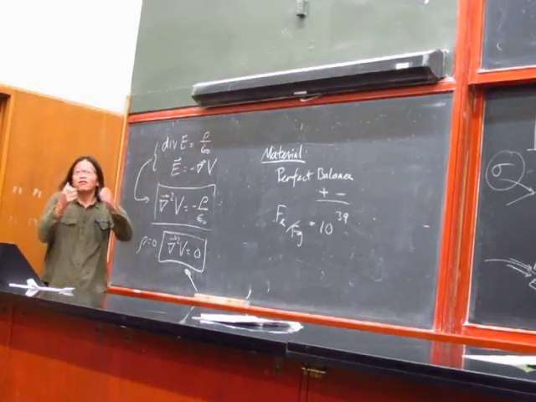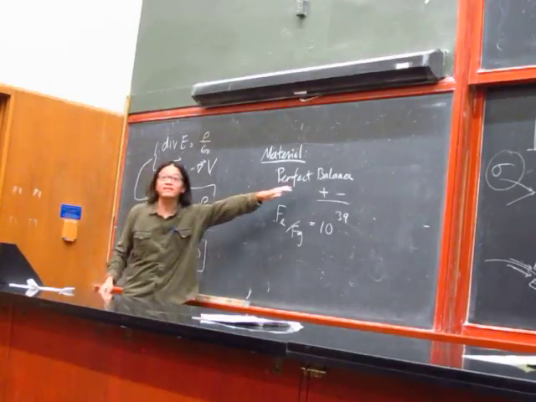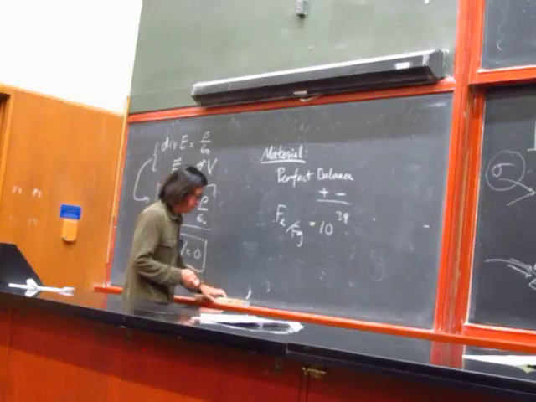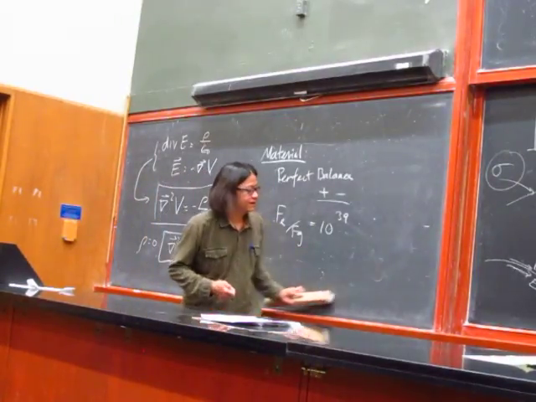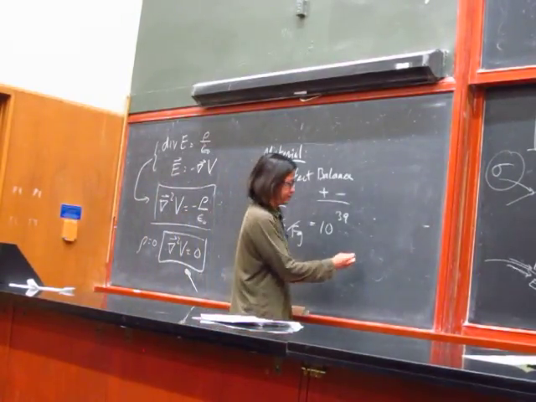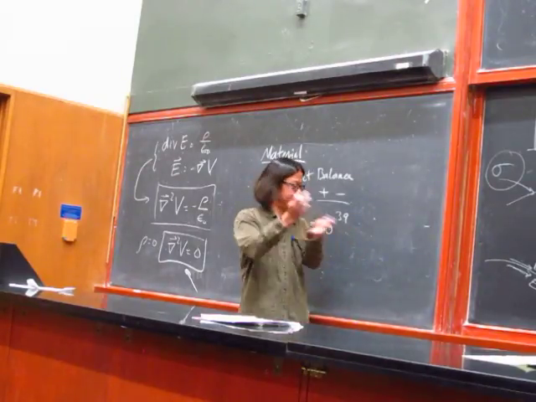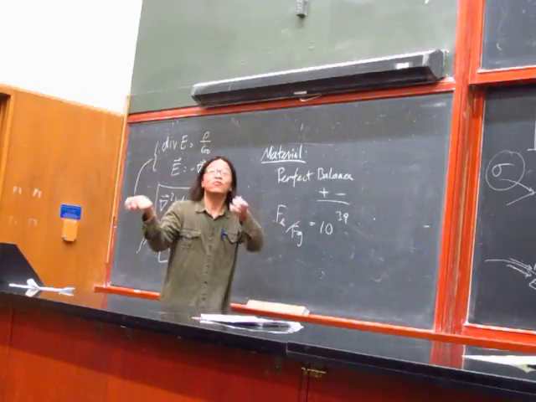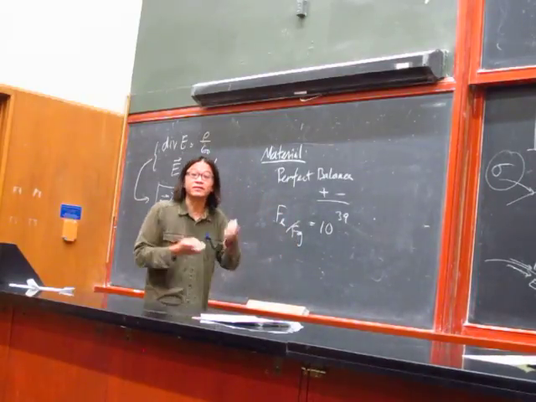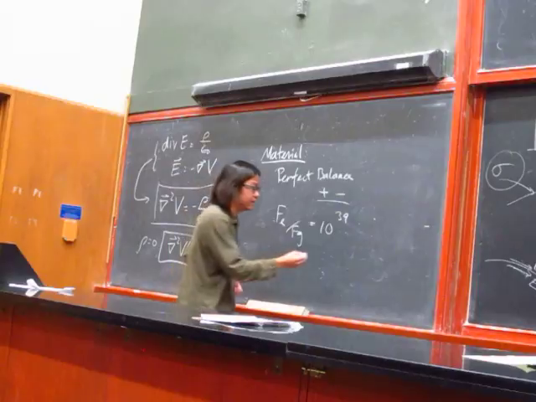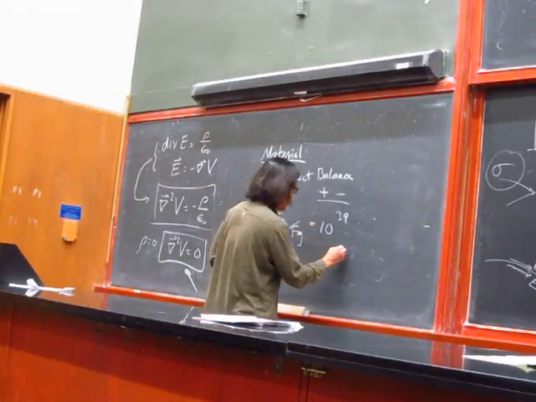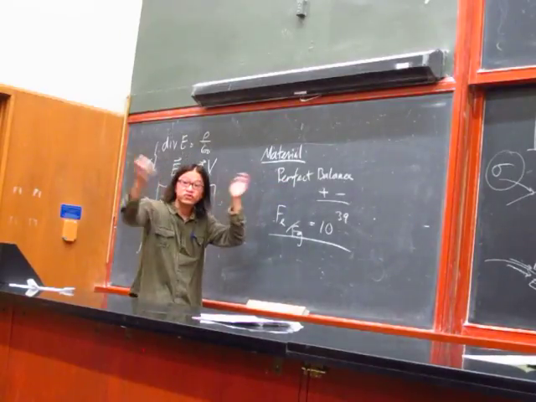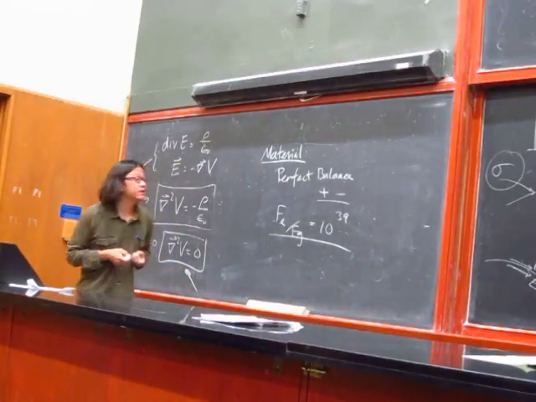Then it's almost impossible to disturb that balance. The best you can do, if you rub plastic and glass together or fur, is to transfer a very minute amount of electrons here and there, to displace things a little bit. That's one way to do it. But in general, it's almost impossible to move charges by a large amount.